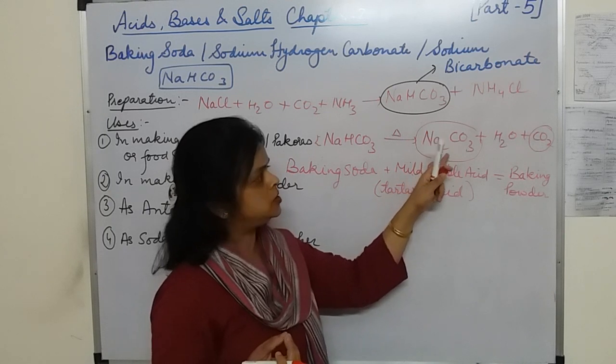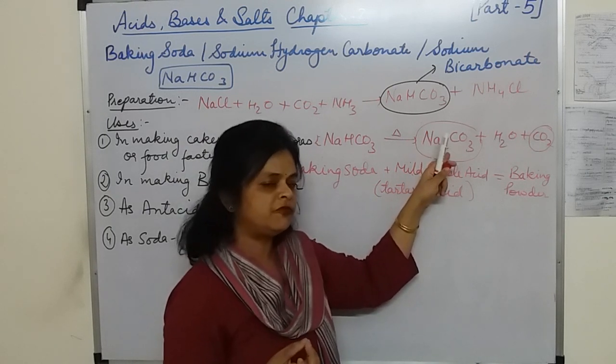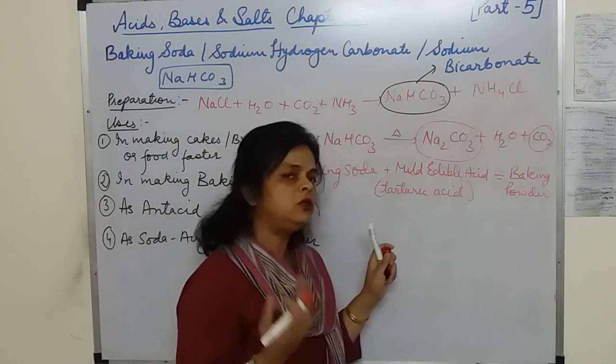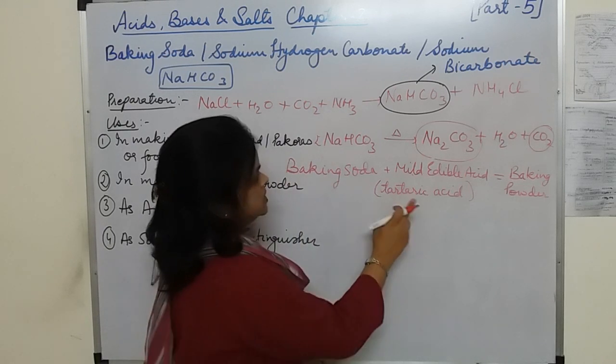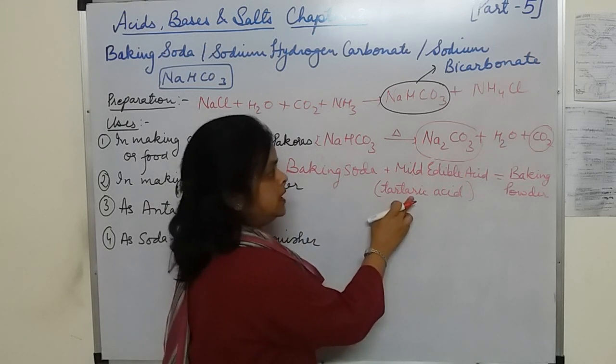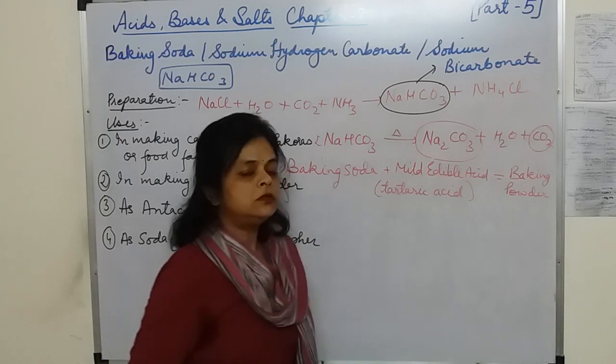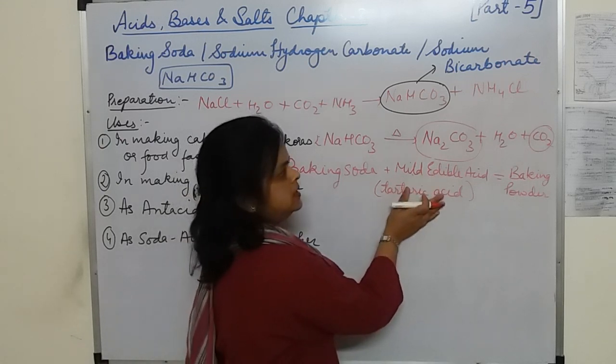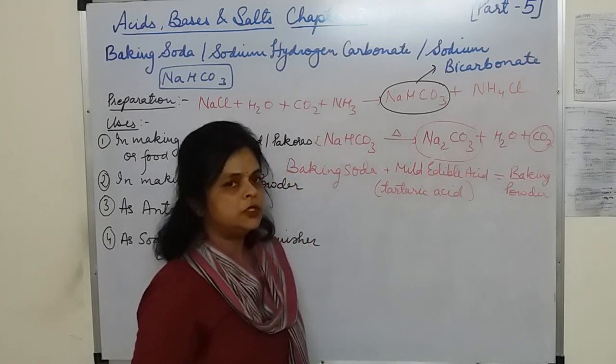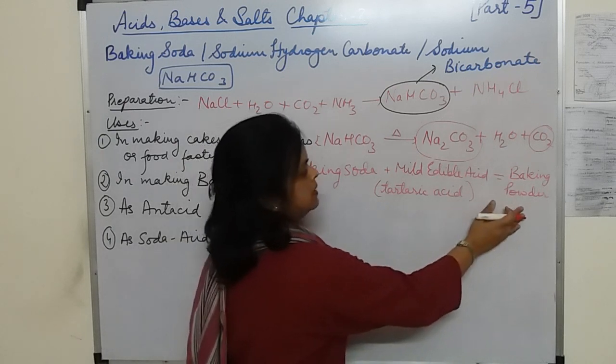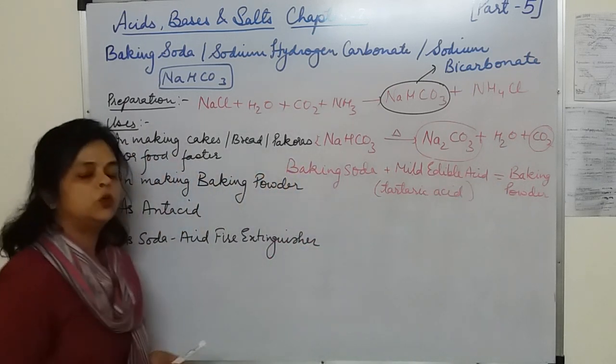So if this sodium carbonate, Na2CO3, is removed, then it will not give that bitterness. So what is the role of tartaric acid? It removes this Na2CO3, and along with this it also gives a pleasant smell to the food.